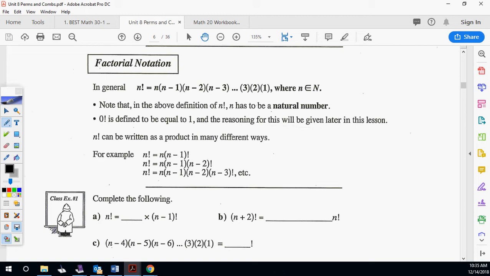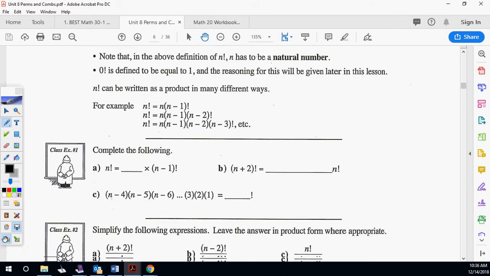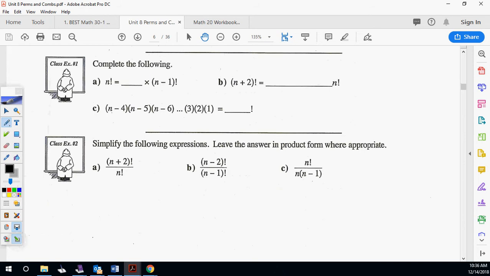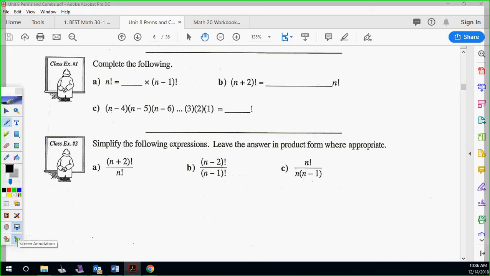Okay. So, for example, we already know that. This is all good. Okay, let's get to these here. So n factorial is written as what? N. That's basic, right? That's the normal one. Now here's a tricky one: n plus 2 factorial. We're just investigating the pattern. How would you write that?